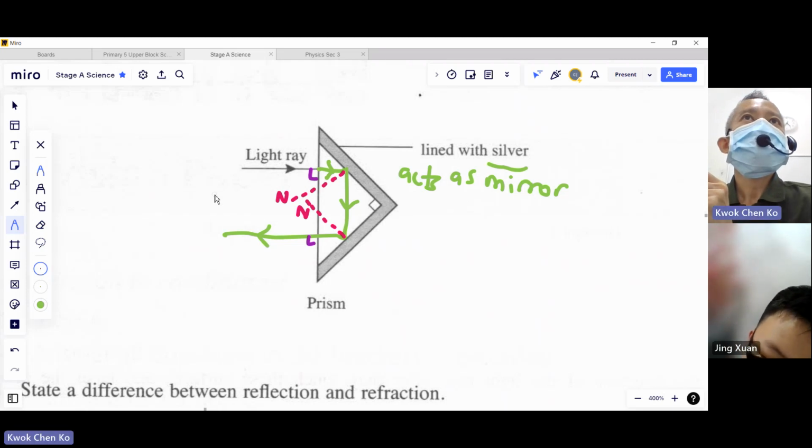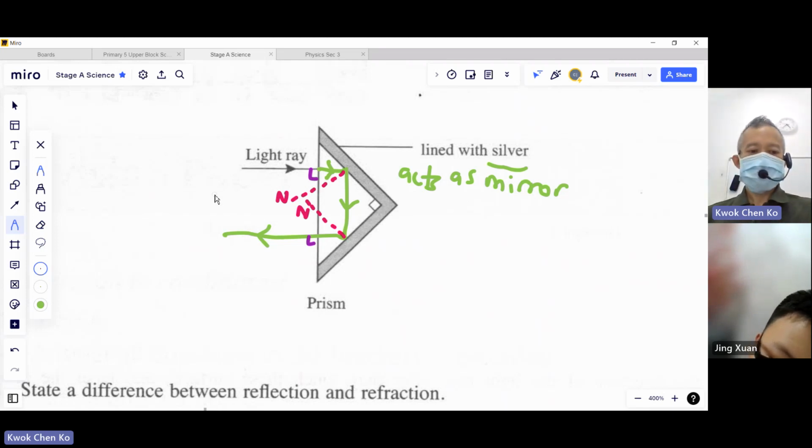Arrows are important for light rays. Inside here, there are no imaginary rays, so there's no need to draw any imaginary lines except for the normals.